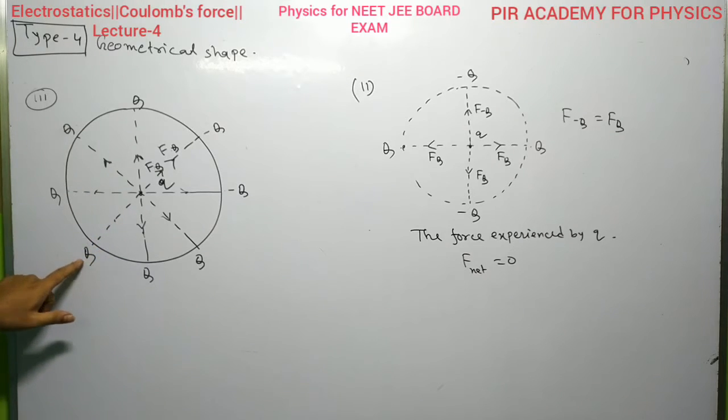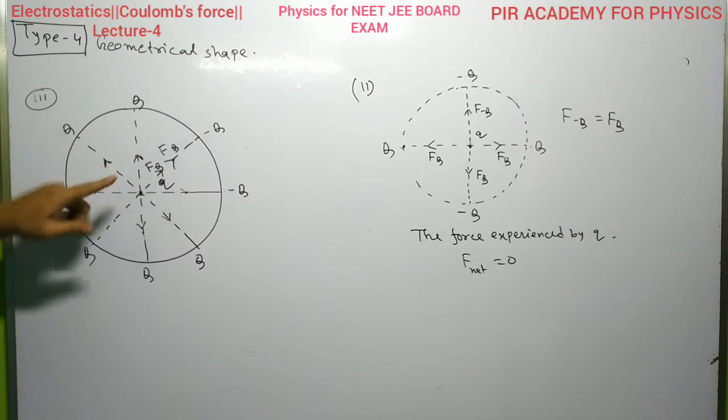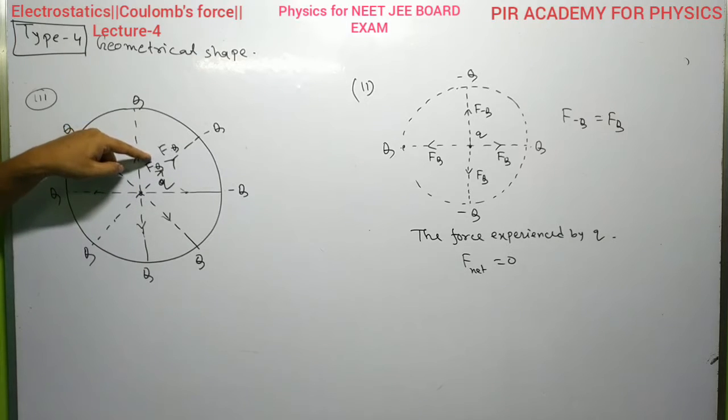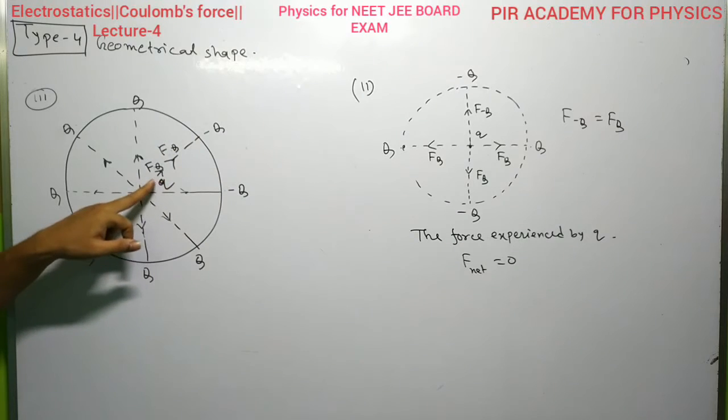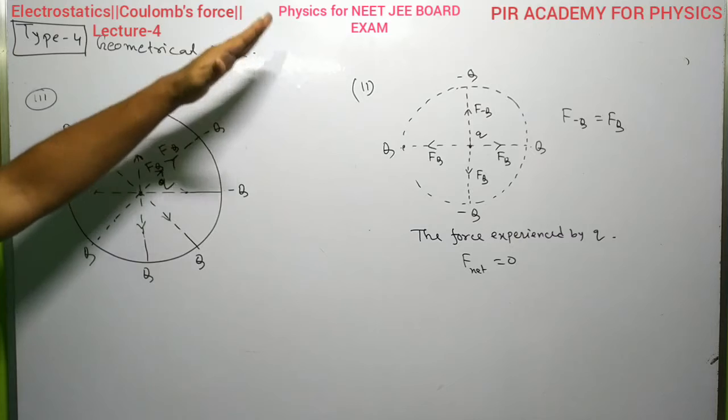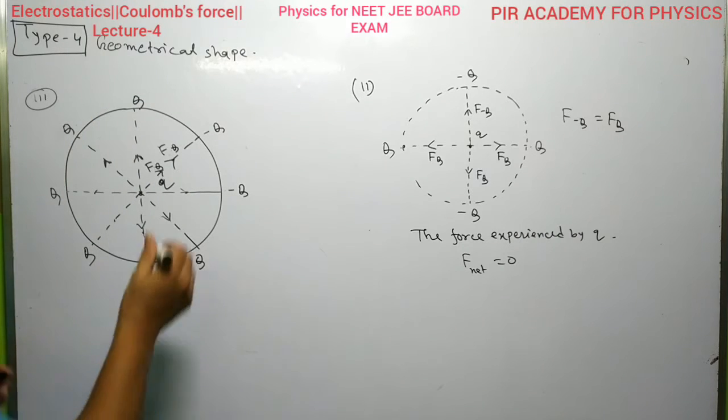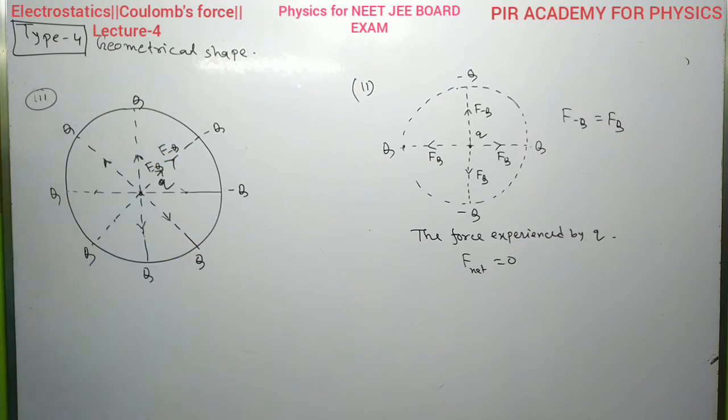For this charge it will repel, that means the direction of force is F of Q along this direction. For the minus Q charge, the force experienced by this charge will be along this direction. So the two forces are in the same direction.